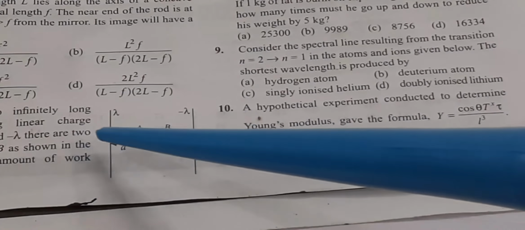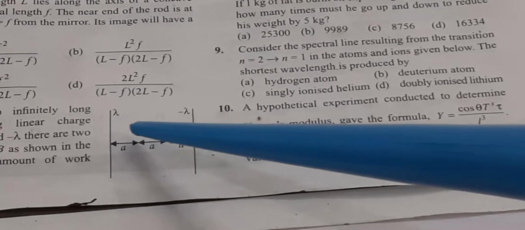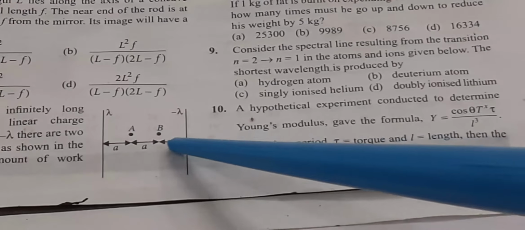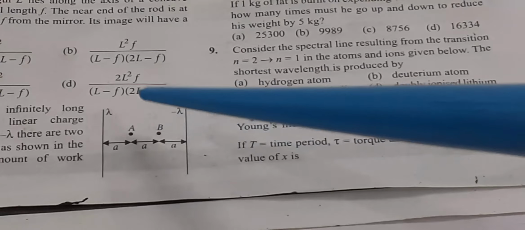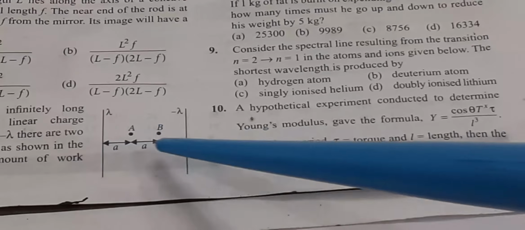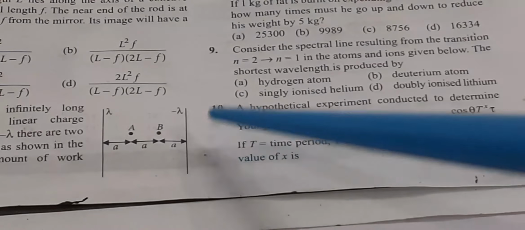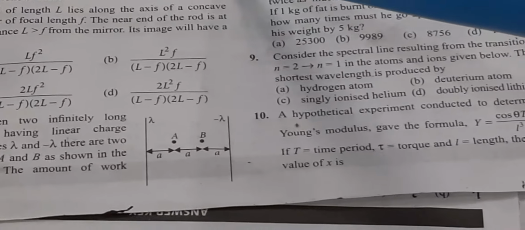Now from A to B, Q naught charge moved from A to B. How much work done will be there? If it moves from A to B, what will be the amount of work done? That is our objective here, according to the question.